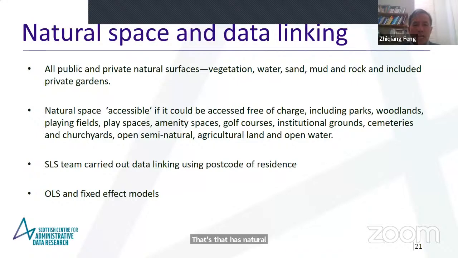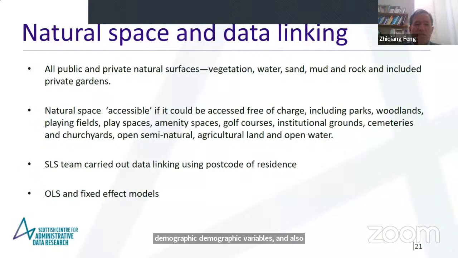And it is the longitudinal study team who actually carry out the data linkage instead of the researchers. So eventually the research only uses the data that has birth weight, socioeconomic variables, demographic variables, and also geographical variables linked to the data.